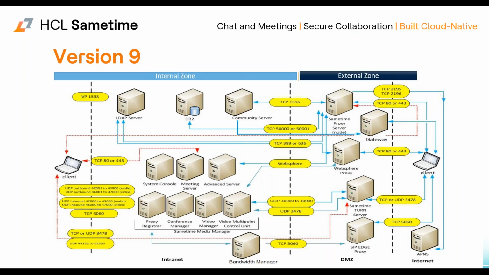So I wanted to give everybody a flashback here real quickly to show just how far we've come. This is a sample version 9 deployment of a Sametime environment that included full meetings components, included a thing called the bandwidth manager, for those of you that remember that. It included a meeting server, an advanced server, a proxy server, a gateway server, and all of these different things.